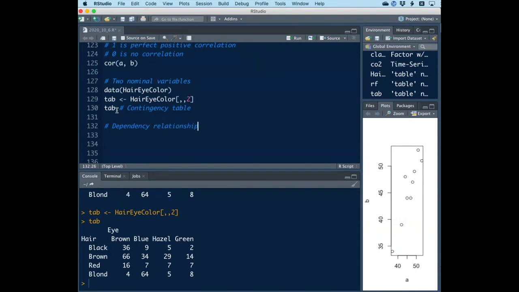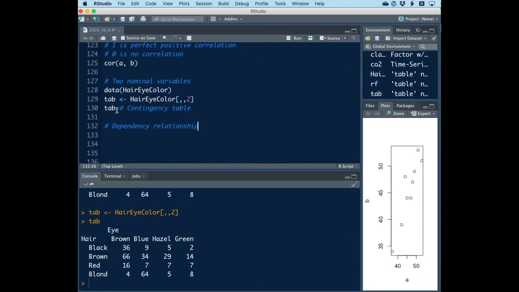In this case, a dependency relationship is a relationship where having brown eyes, for example, is not independent from the color of the hair. So, if you have hair of some color, that implies that you more likely have eyes of a specific color. So the two traits are not independent.